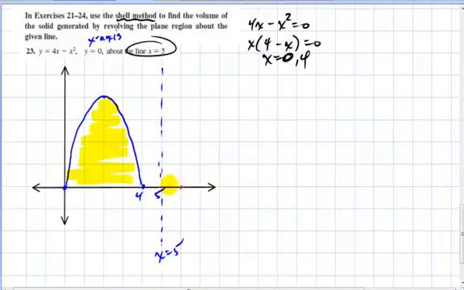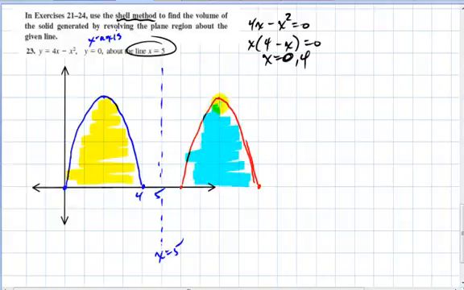So when I do that, 4 comma 0 goes over here, right 4 units, up here at 4. So here's my reflection when you reflect it across the line x equals 5. Let me highlight this here. So when you reflect the yellow across the line of reflection, you get the blue.